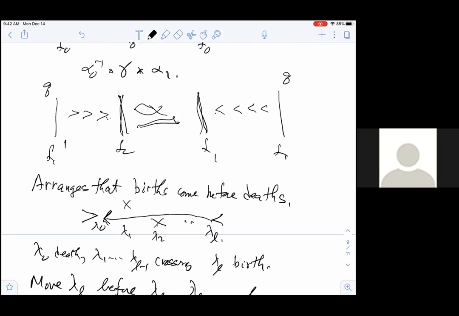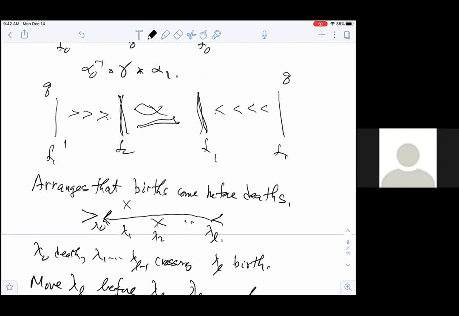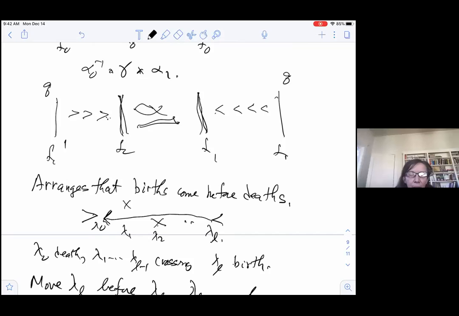And then I have births and deaths here. So somewhere in the generic middle, I could have fewer than Q, it wouldn't matter, but let's say I have exactly Q. So I just want to make sure I have as many here and here as I do through the path. Okay.